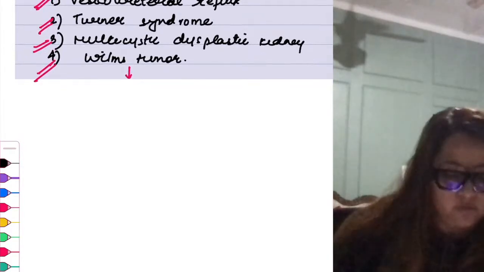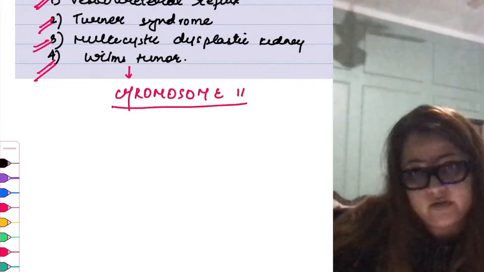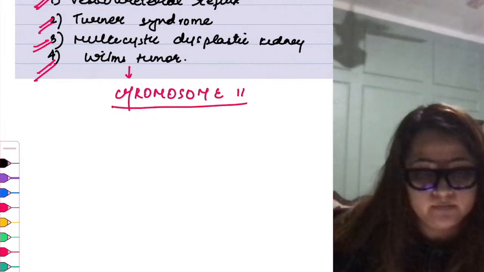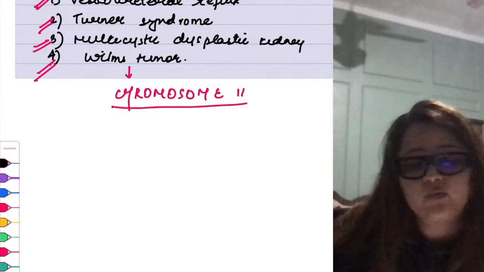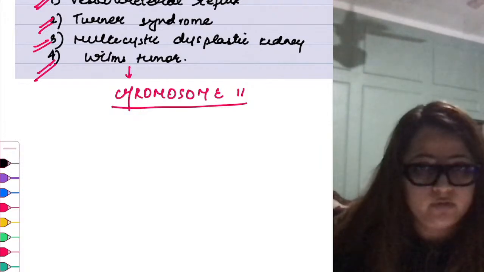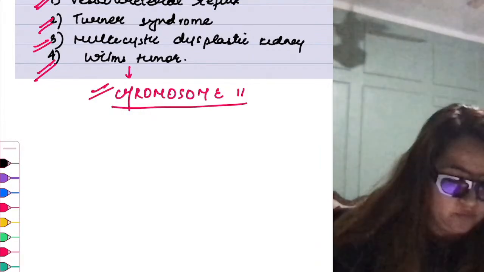Your answer is chromosome 11. So guys, if you know the chromosomes with the associated conditions, it becomes very easy for you to identify from the question. For example, chromosome 4 is for achondroplasia, 11 is for Wilms tumor, 3 is for VHL. So you should know these chromosomal associations. Try to chart chromosome 5 also. All of these are very, very important.